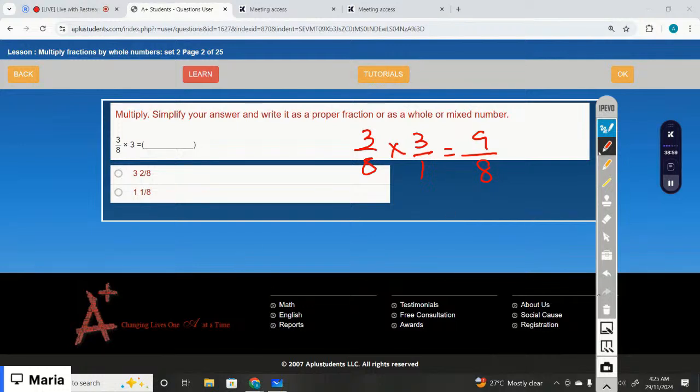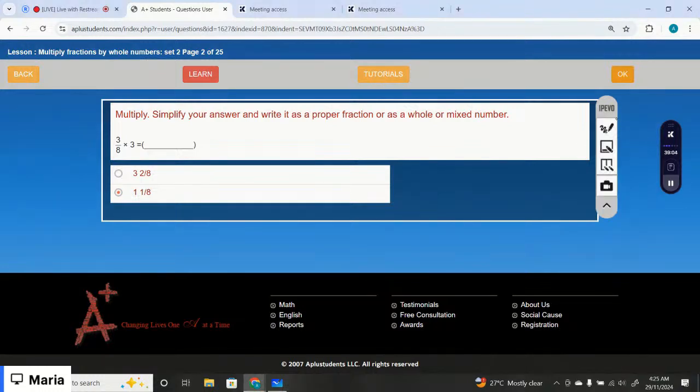That is 1 whole 1 over 8. Option number 2 is the correct option.